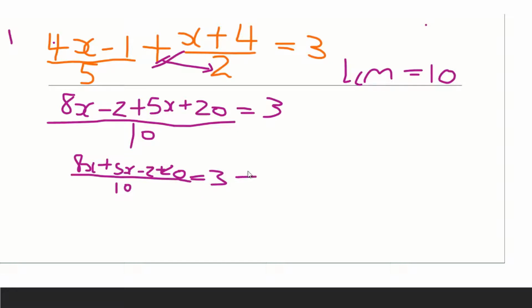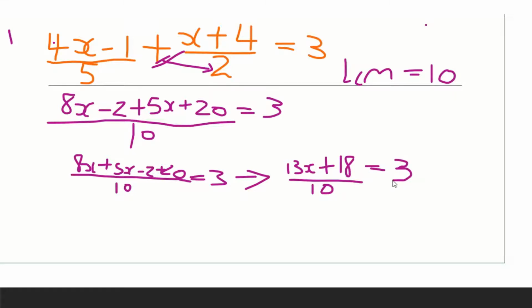So after simplifying, we're going to add 8x plus 5x, that's 13x, plus minus 2 plus 20, so that's positive 18, and that's over 10, and that's equal to 3.